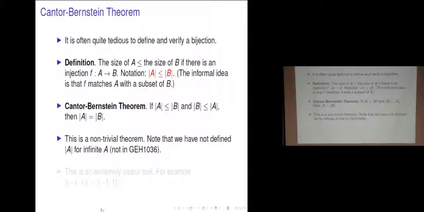So the Cantor-Bernstein theorem says, suppose you have an injection from A to B and an injection from B to A, then suddenly you have a bijection between A and B. This is not trivial. I draw a picture to show you.